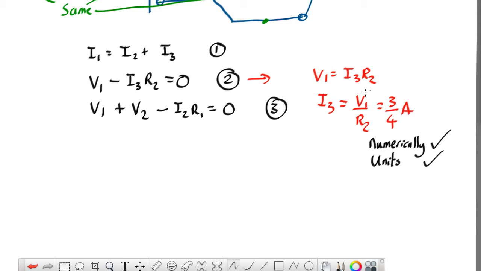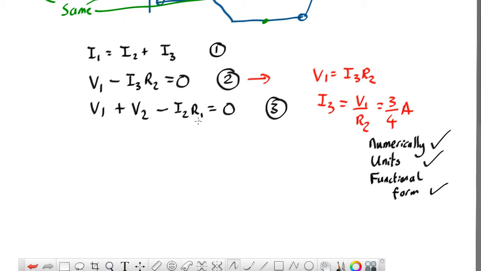How about functional form? What this is telling us is if we make the voltage bigger, the current gets bigger, which seems to make sense, and a bigger resistance makes the current less. If you had no voltage, there'd be no current. So the functional form is plausible. Okay, so that's given us I3.